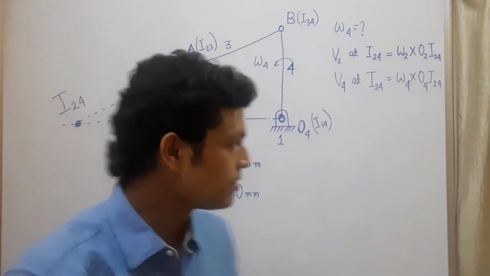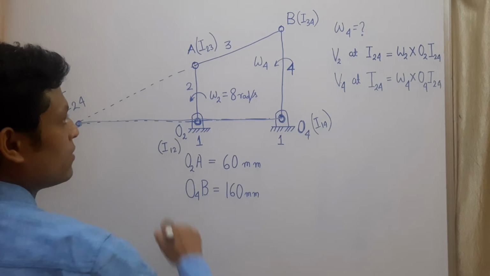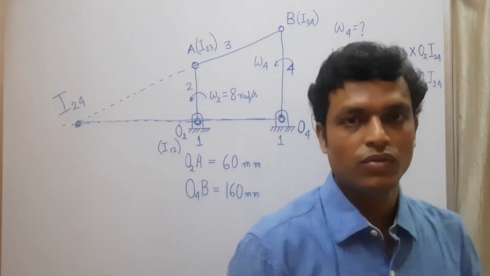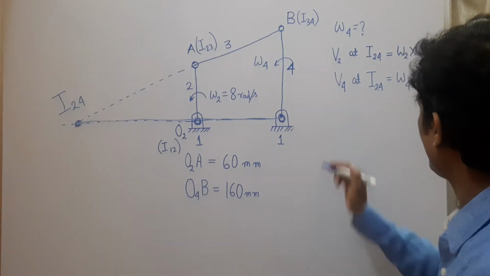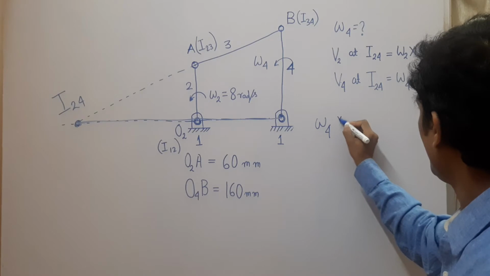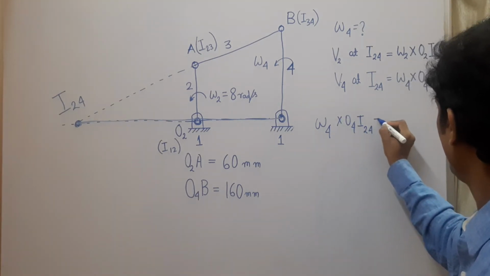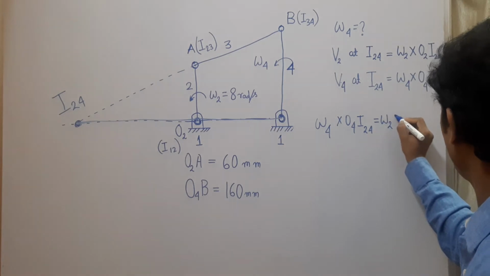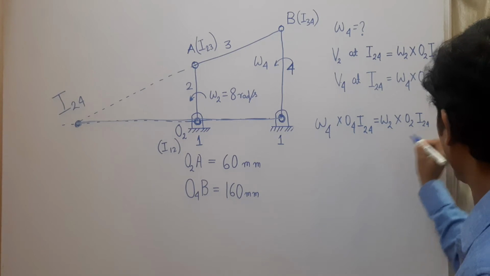That is this distance, O4 I24. These two values will be equal by definition. So we can write omega 4 into O4 I24 is equal to omega 2 into O2 I24.